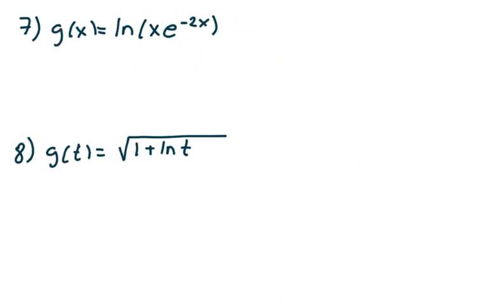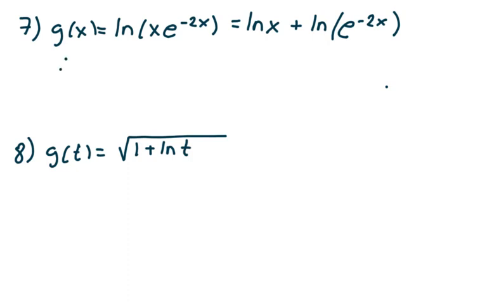Let's take a look at example 7. Suppose g of x is equal to natural log of x times e to the negative 2x. I would use the properties of logarithms to rewrite this. And I would write this as natural log of x plus natural log of e raised to the negative 2x, just like this.